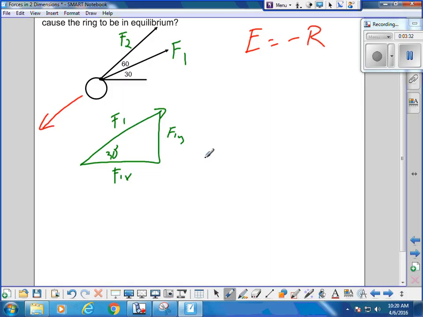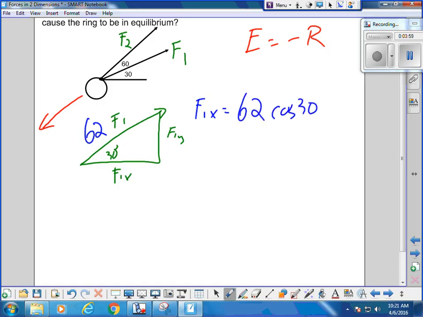All right, so F1, let's find F1x and F1y. I like to set up F1x on the left and F1y on the right. F1x is adjacent, so that's going to be cosine. What was this amount? Was it 62? Okay. So that's going to be 62 cosine 30.